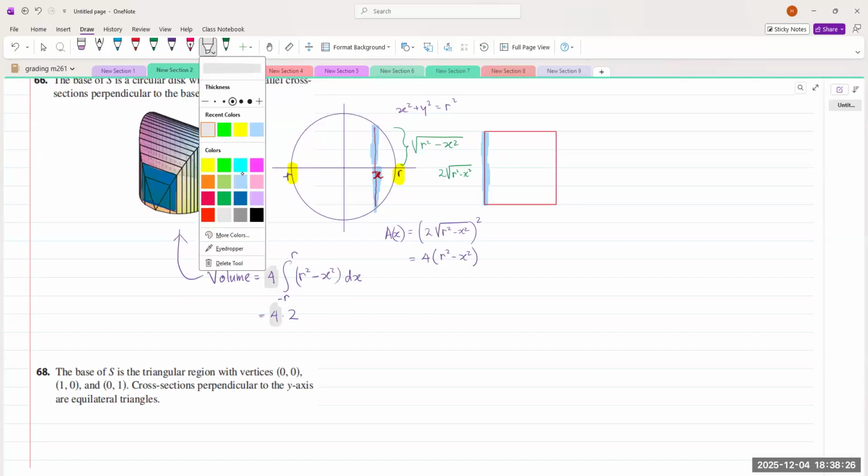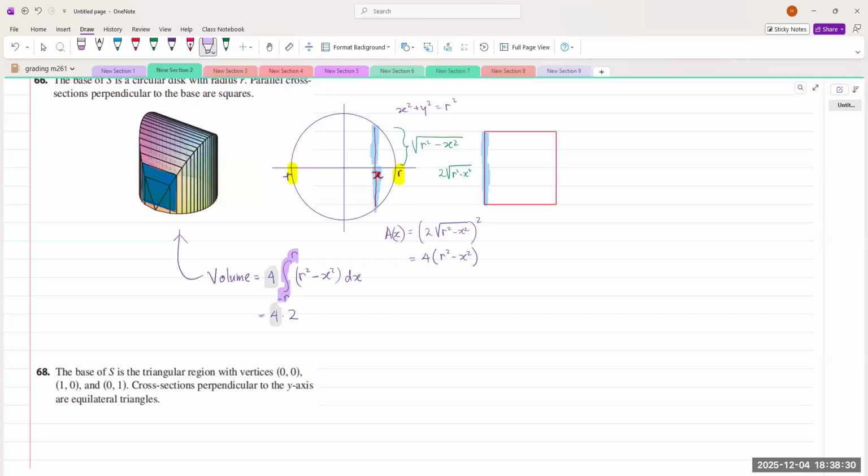This integral now becomes 2 times the integral from 0 to r of that integrand. You can only do this if the integrand is an even function over an opposite domain. Other than that, the answer is no, you cannot do that.